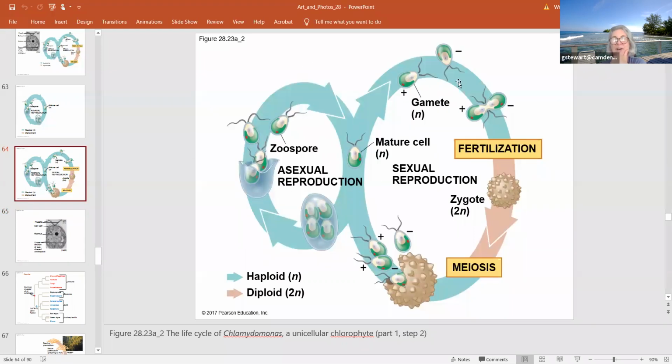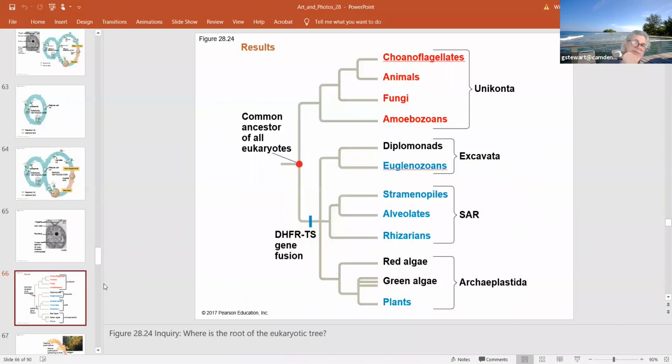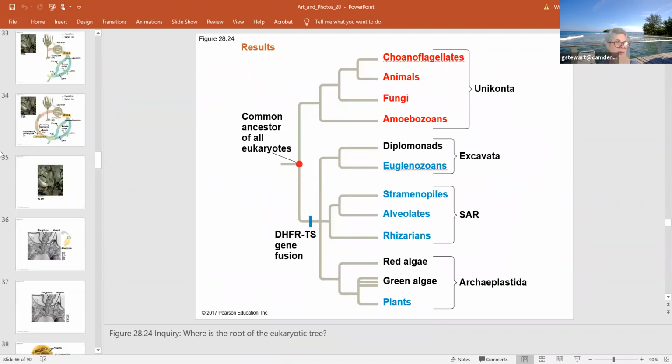And again, they undergo alternation of generations. So they reproduce both sexually and asexually. So for a while, people thought these were the ancestor to land plants, but it turns out that's probably not, right? So if we look here, actually, I'm going to go back to the original.